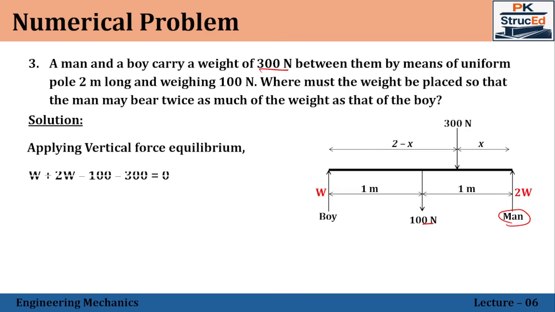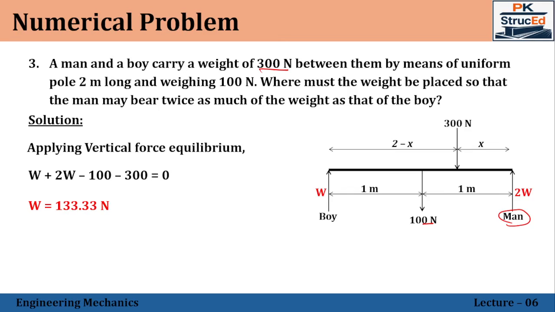So W plus 2W are acting in the upward direction, whereas the weights 300 Newton and 100 Newton are acting in the downward direction. Solving, W will be 133.33 Newton. So the boy will carry 133.33 Newton, whereas the man will carry 266.67 Newton.